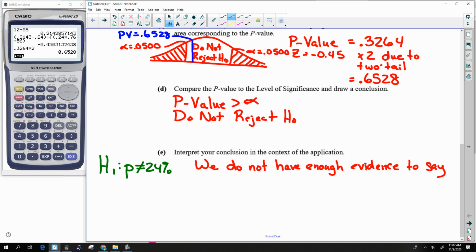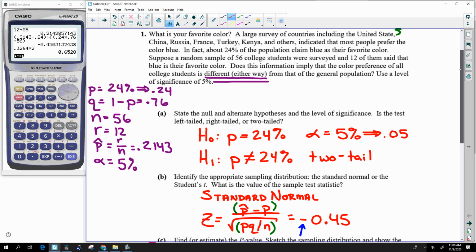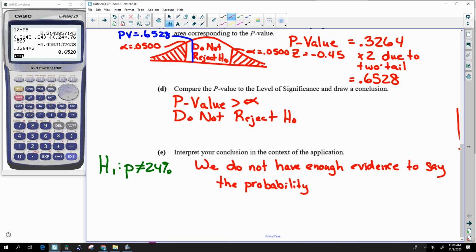So the probability, add context, is not equal to 24%. Probability, I totally forget what we're talking about here. The favorite color is blue.